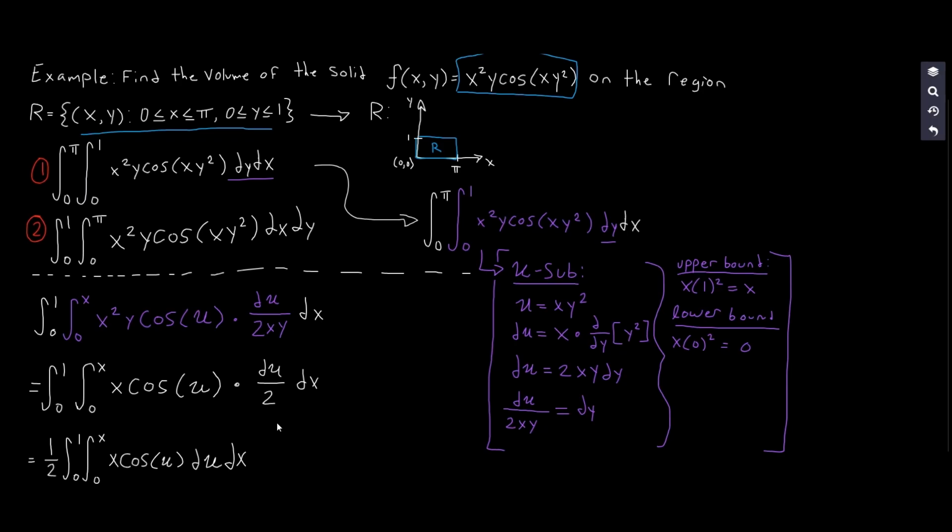Okay, so it's going to be 1/2 times the definite integral from 0 to 1 times the definite integral from 0 to x of x times cosine of u, integration with respect to u, integration with respect to x. Now with this, we're doing an integration with respect to u, so I can just factor out that x entirely, and then I'll put it back in after we're done.